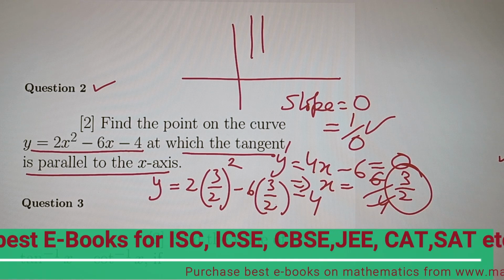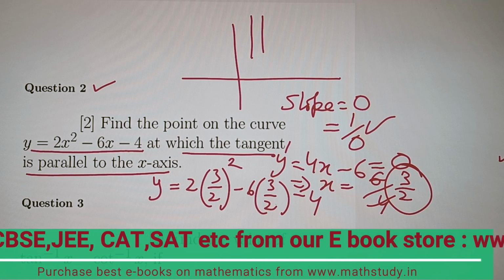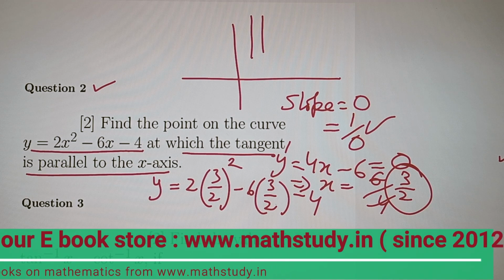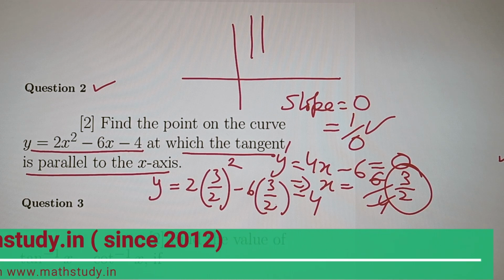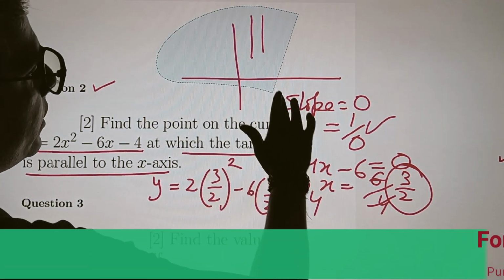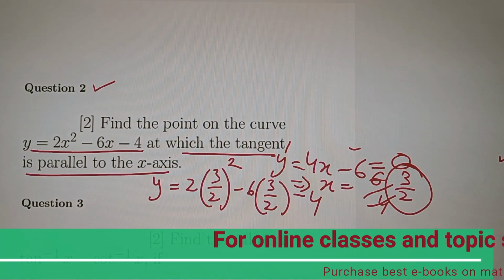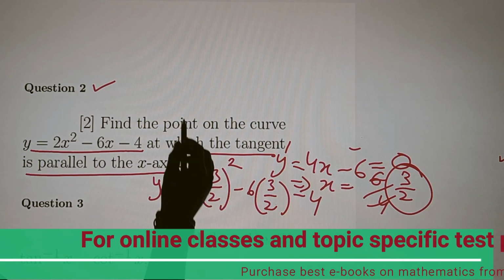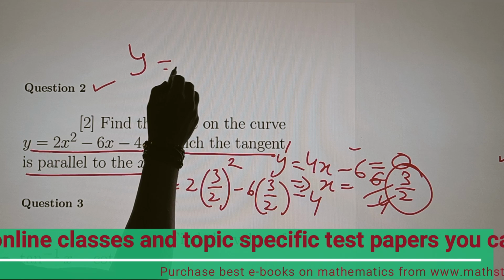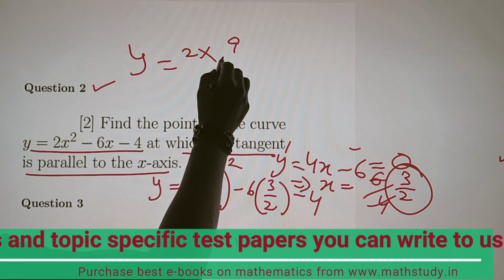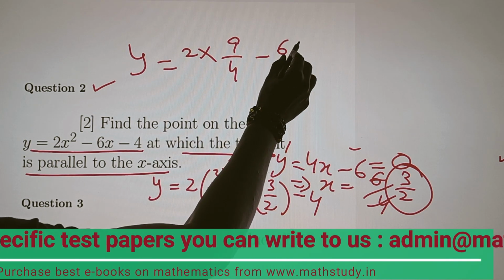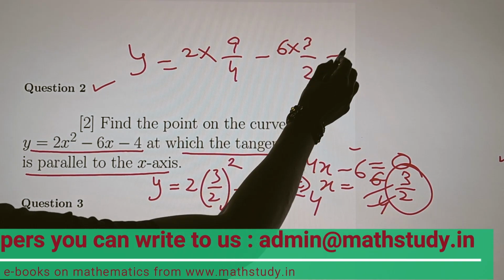By solving this, we can get the value of y. So let's erase it so that we can solve it here. Y equals 2 into 9 by 4 minus 6 into 3 by 2 minus 4.